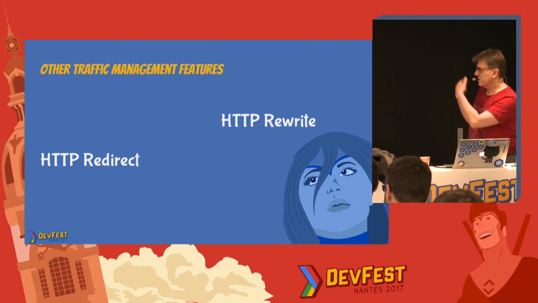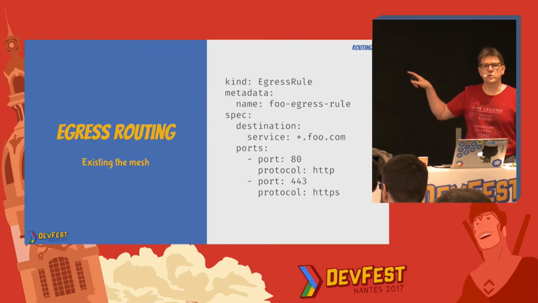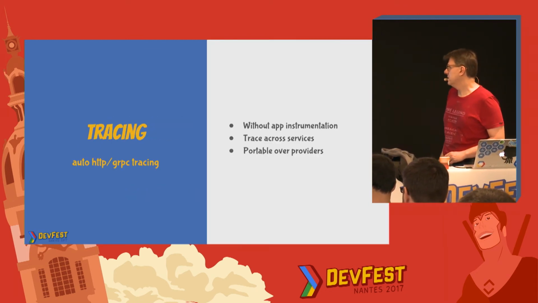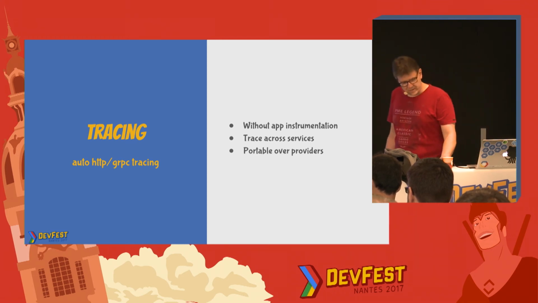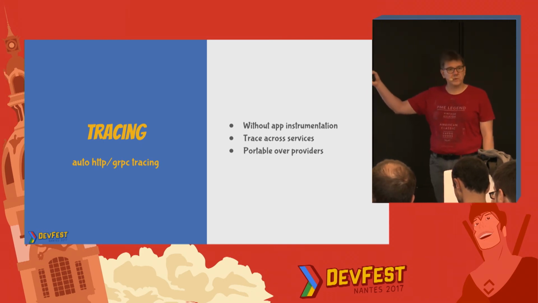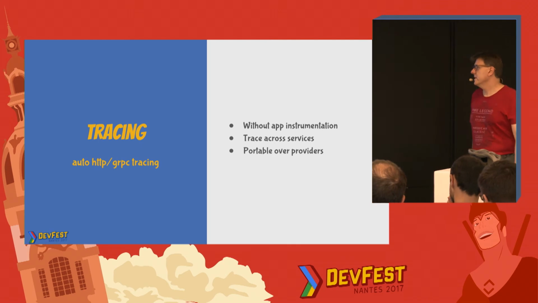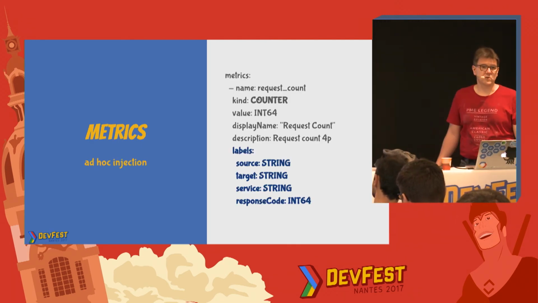So there are some other things. Egress, already told, you have control of what's going to the outside world. Also exciting, because you know what the network is, you can make sure that Istio does the tracing and metrics calls for you.